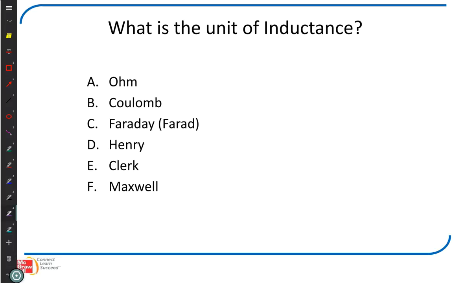Okay, everyone has answered. We had 19 that said Henrys, 2 that said Faradays, and I am going to call on 6 people. Carrie, what type of thing has units of ohms?